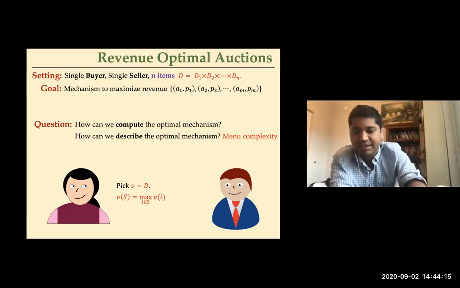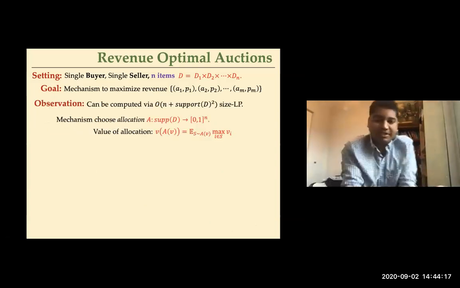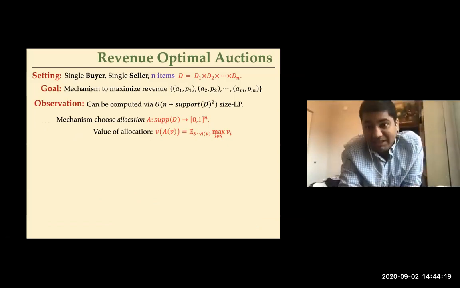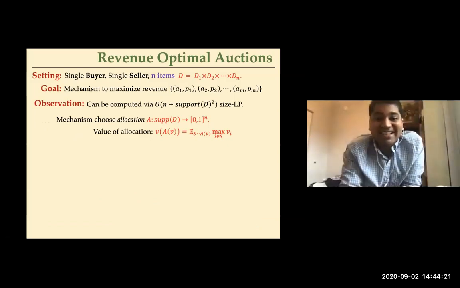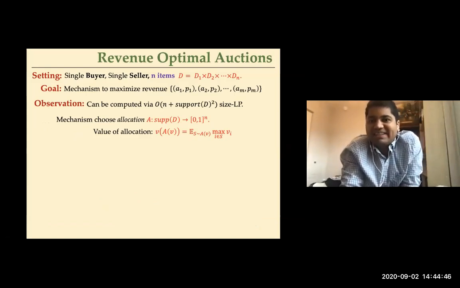Okay. So let me tell you a little bit about what is known about this. And by the way, I'm still, believe it or not, in the 1981 paper of Myerson. So here is what Myerson described. He basically completely described an optimal mechanism. The only flaw with this mechanism is that the time it will take to compute this, and the size of the description of the mechanism, is going to be exponential in n, even when each D_i has support of size at most d.